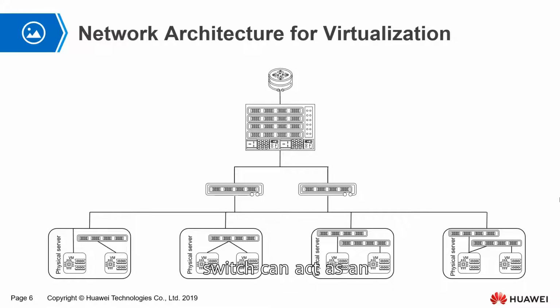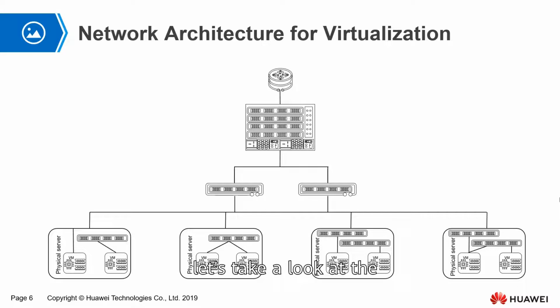The layer 3 switch can act as an aggregation switch or as a core switch. Then, the layer 3 switch goes up and connects to the router. If you ignore the firewall, IDS, IPS, and other security devices, the router will connect directly to the internet, which means that the router is the exit for the entire cloud data center.